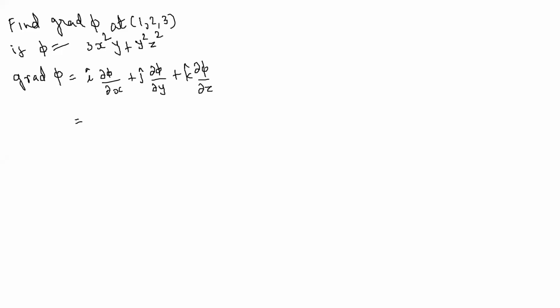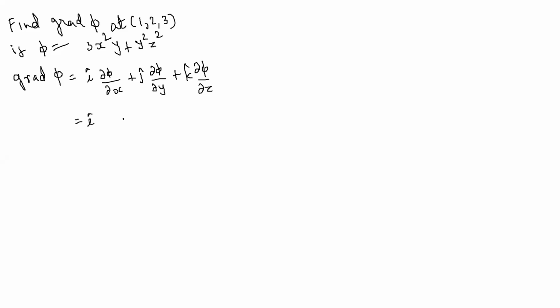Don't be confused here. It's not multiplication. i del phi by del x means it is the x-axis component, this will be the y-axis component, this will be the z-axis component. These are not in multiplication. Remember that.